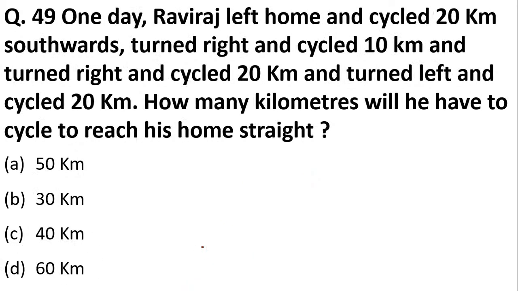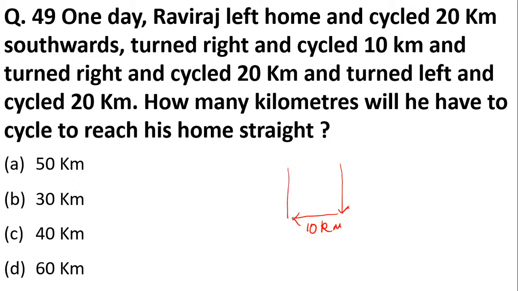Next question is, one day Raviraj left home and cycled 20 kilometers southward. Okay, south 20 kilometers. Then he turned right and cycled 10 kilometers. Yes, 10 kilometers. And turned right and cycled 20 kilometers again.